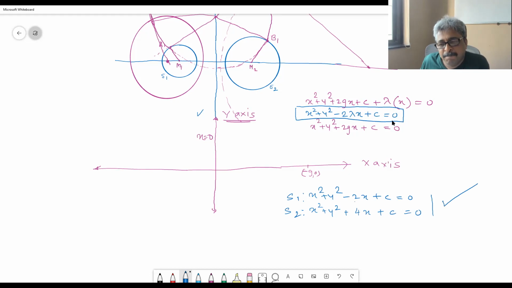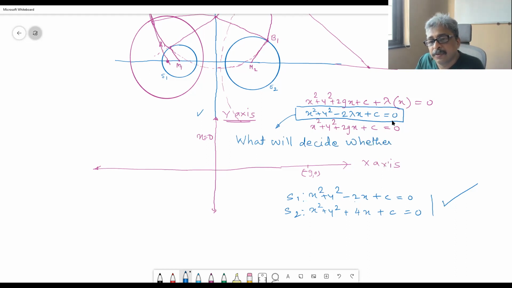Now, if this is the circle that I have, what will decide whether the y-axis intersects this circle family or not?